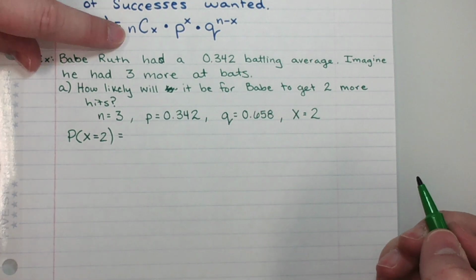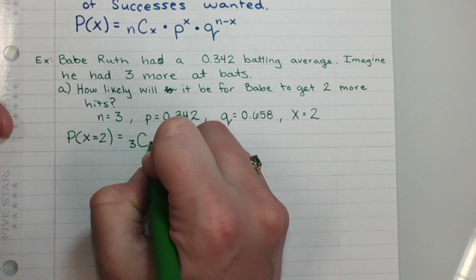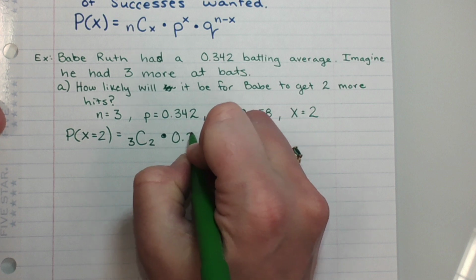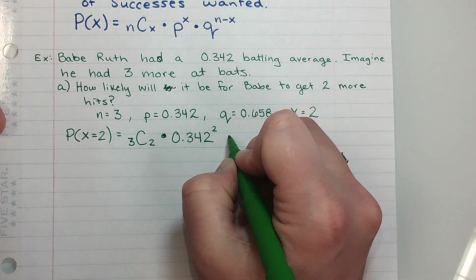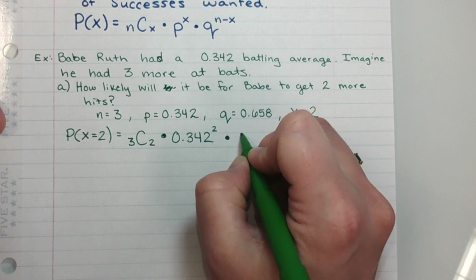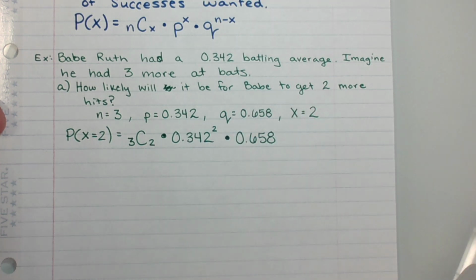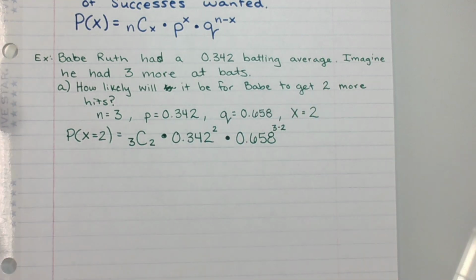Equals n combinations of x, 3 combinations of 2, times p, 0.342 to the power of x, 2, times 0.658, that's q, to the power of n minus x. In other words, 3 minus 2.